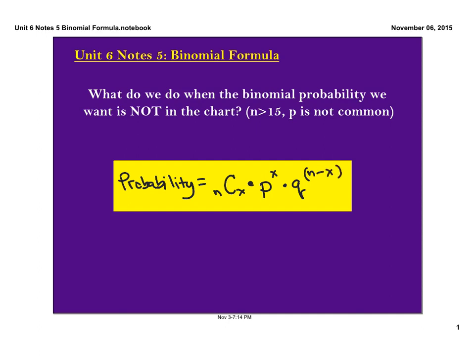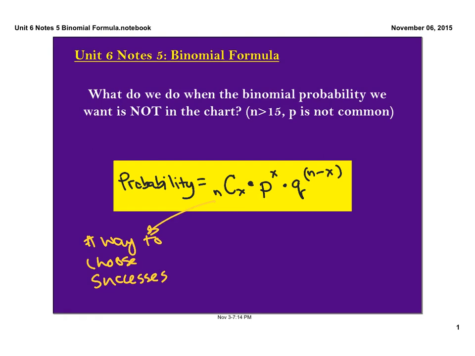Okay, so what we're looking at here are these pieces. This first one right here is the number of ways to choose your successes. There are a lot of different ways that you can pick, say, 5 things from a group of 15.